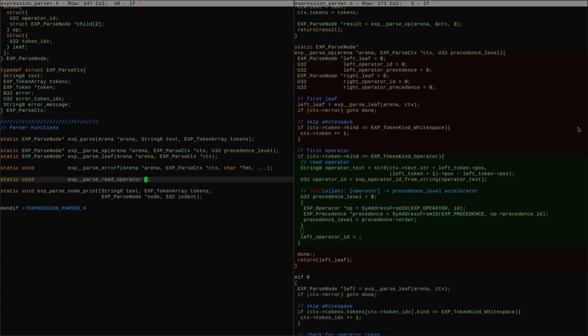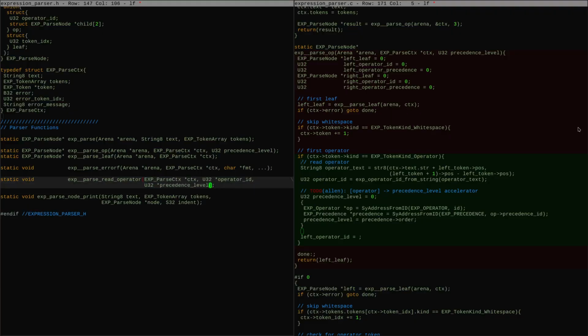Operator, how about that? I'm going to give you the context. You're going to give me back the operator ID and the precedence level.